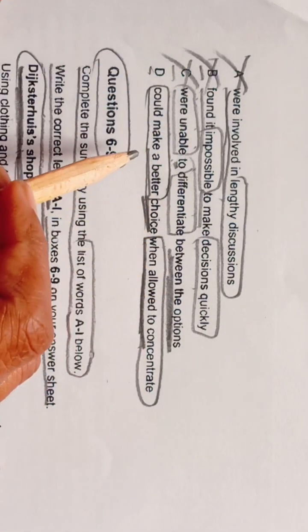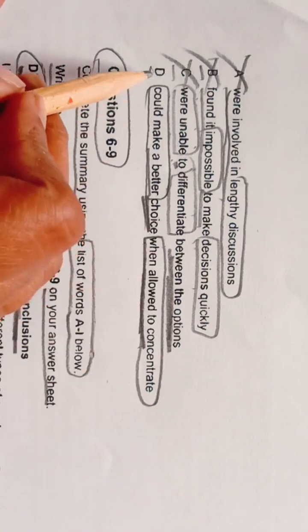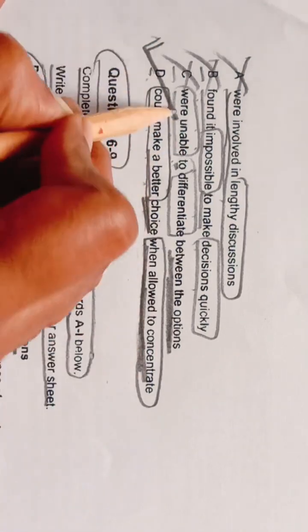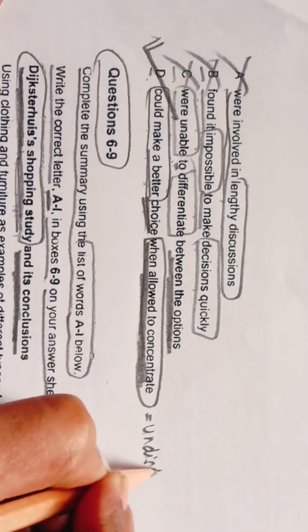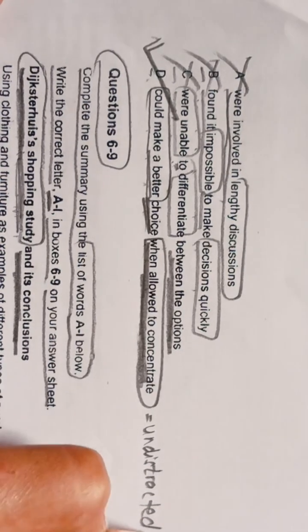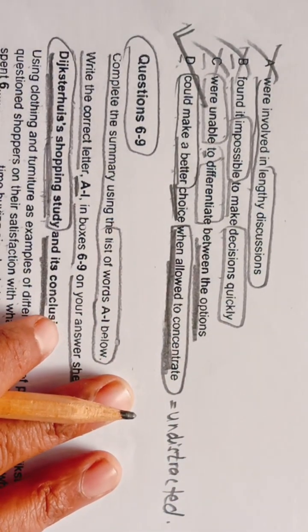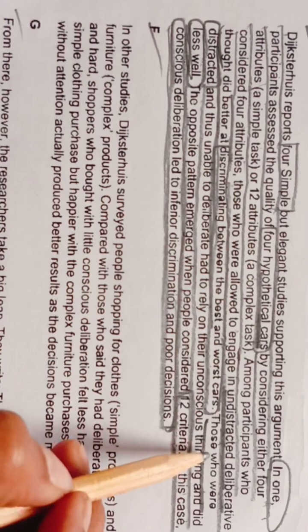No, they are capable of differentiating between a good car and a bad car. Option D, would make a better choice when allowed to concentrate. Yes, this thing we have seen. Allowed to concentrate means undistracted. I hope you understood this. So from here we are getting our answer.